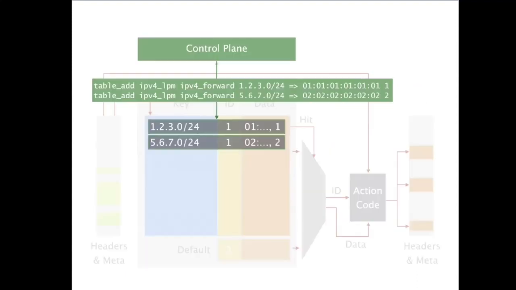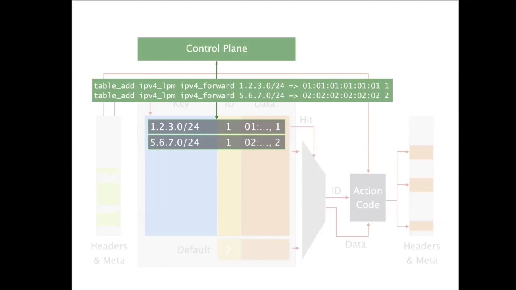And then, as I told you, and that's really important to understand, you define this table, it's by default empty, and then the control plane uses an interface, which is generated automatically. You can use a command like table add from the control plane to start populating content.